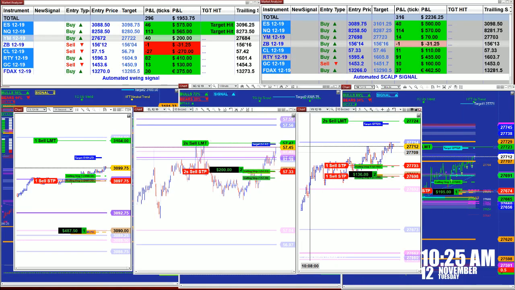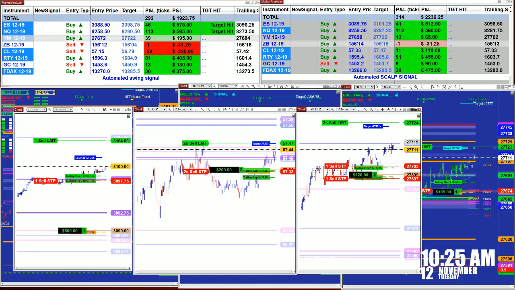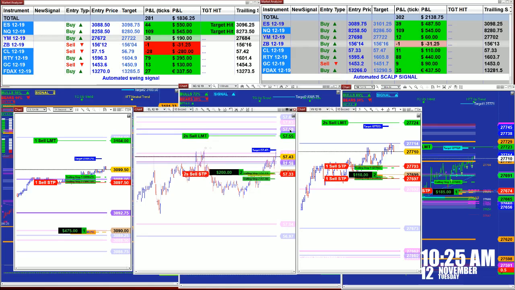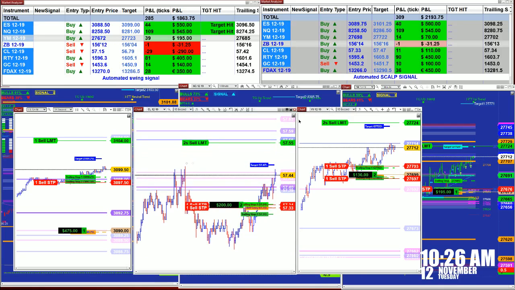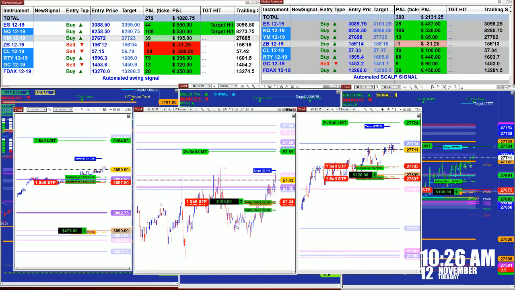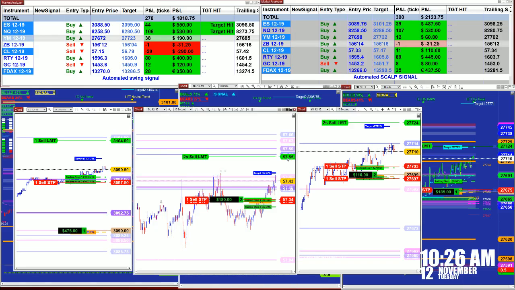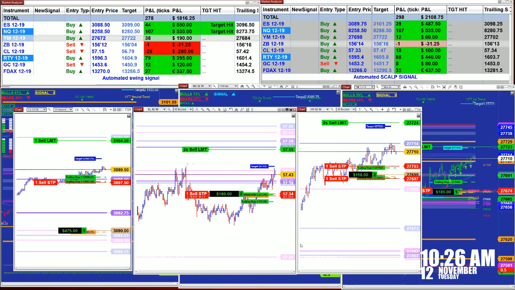So this is really key on the YM, and there we go. We're about to hit it. Let's see if we can extend the target on the ES, on the CL. The system, the Autotrader, is saying now 57.47. But maybe we can push it a little bit, or we can hit the target and call it off on the target, whatever you feel like.